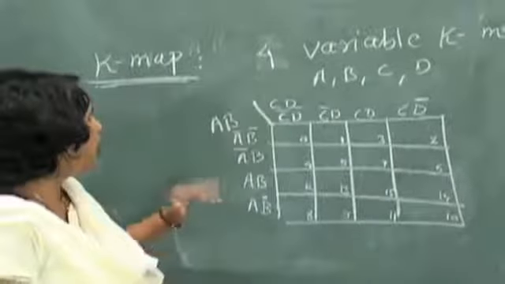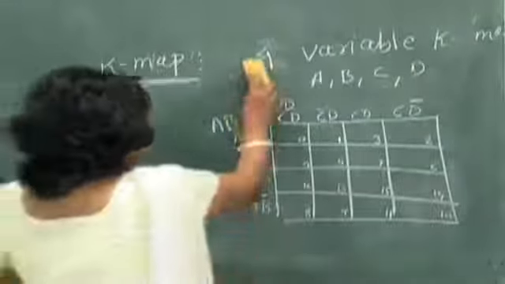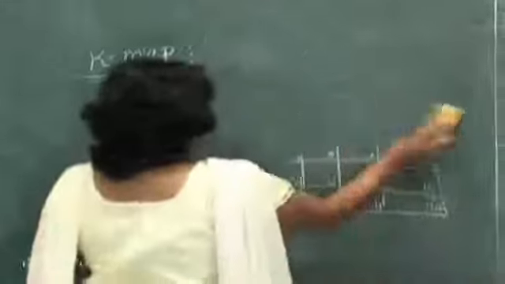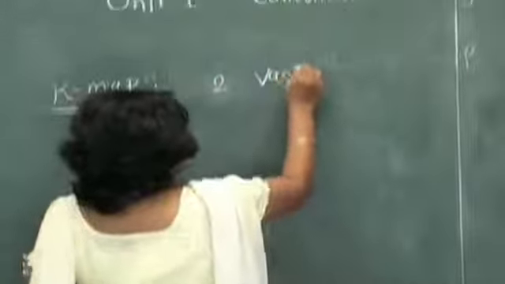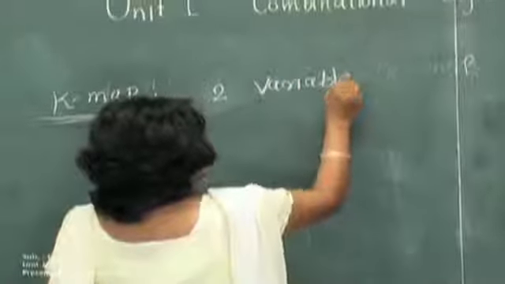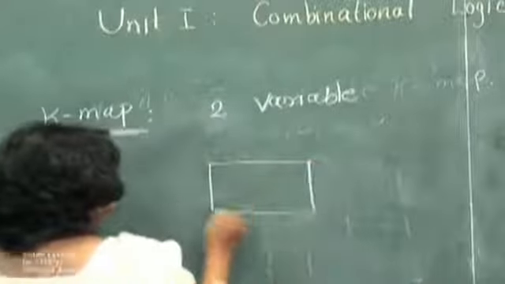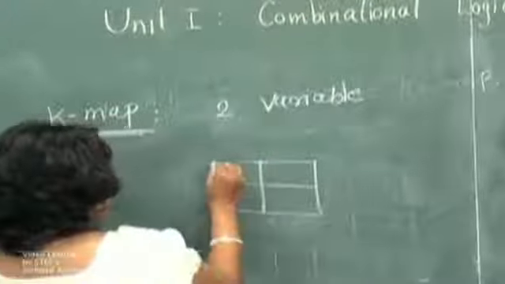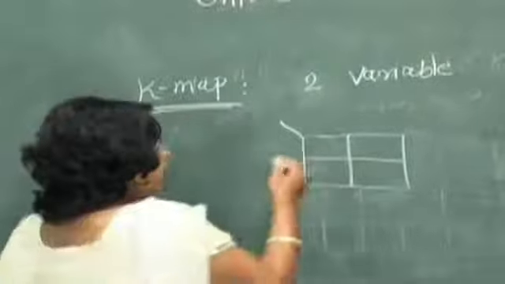Now we can see how the K-map is written for the standard POS form. In standard POS form, again I will start with the 2 variable K-map. For 2 variables it is very similar to the SOP form, but the difference is the complement.